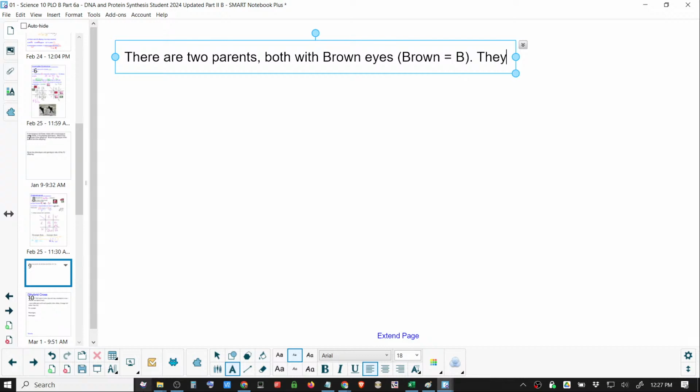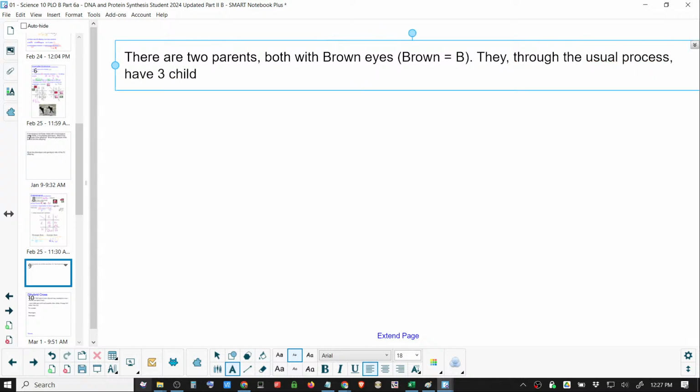They are reproducing through the usual process, birds and bees, you know what I mean? They have children: one with blue eyes, one with brown eyes, and one with green eyes.